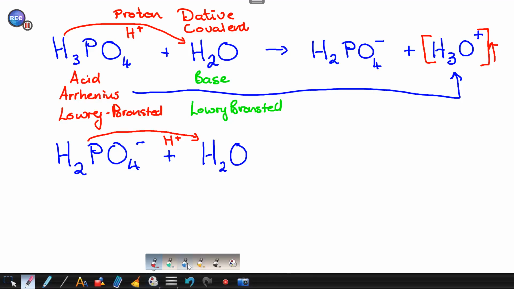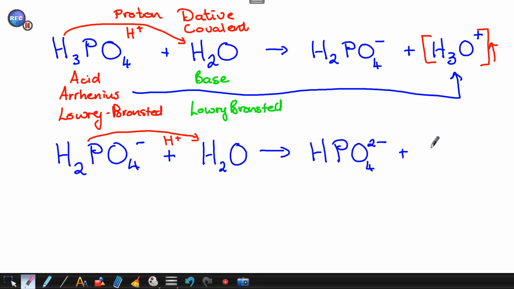In the process of giving another proton to the water, it forms HPO4 2- and H3O+. So once again, it increases the concentration of the oxonium ion, and therefore it's an Arrhenius acid.